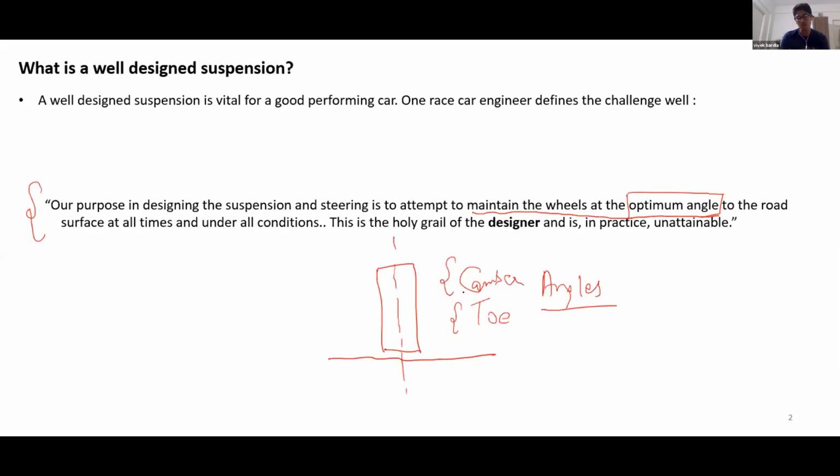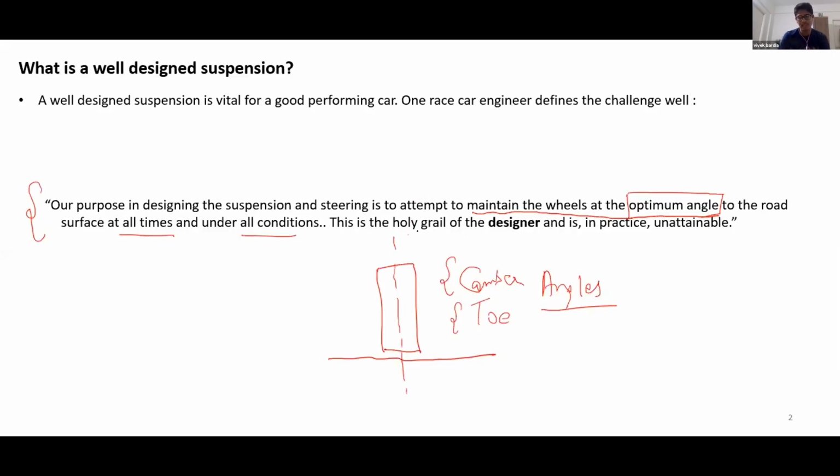We would like to control the camber and toe at all times and in all conditions, over an infinite number of road conditions as well as an infinite number of maneuvers. You can have any combination of acceleration, braking and cornering, and you would like to control your suspension kinematics under all these conditions.